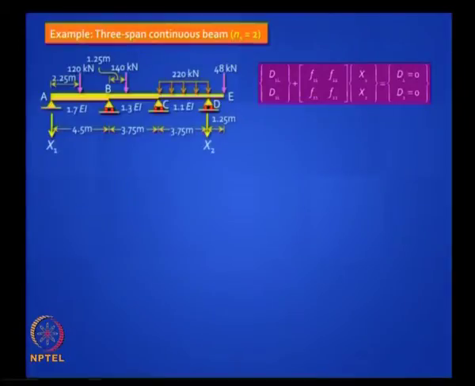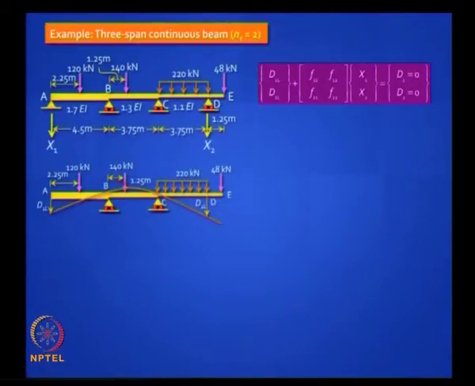Okay. So you can straight away write the compatibility equations based on what we discussed. You have only 2 unknowns here. Do you agree these are the correct equations? On the right hand side, D1 and D2 are both 0 because you do not have any support settlements in this problem, right.